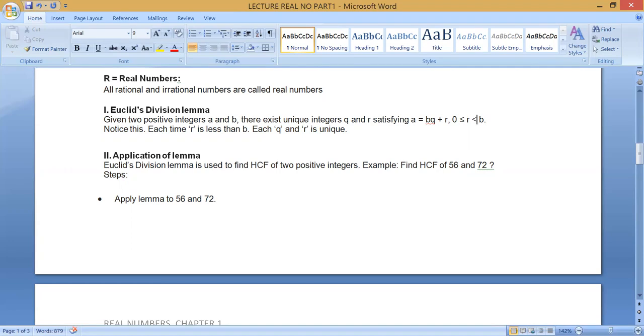You will get two terms here: Euclid division lemma and Euclid division algorithm. Algorithm means step by step. That is first step, second step. You have studied in the computer.